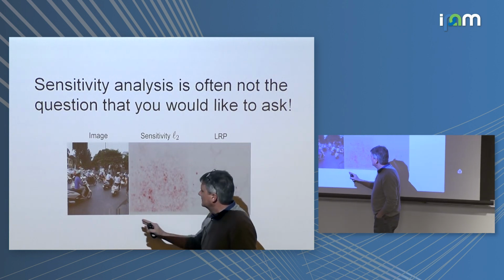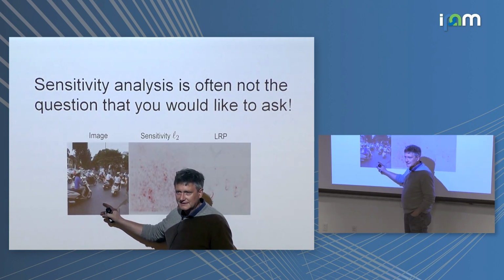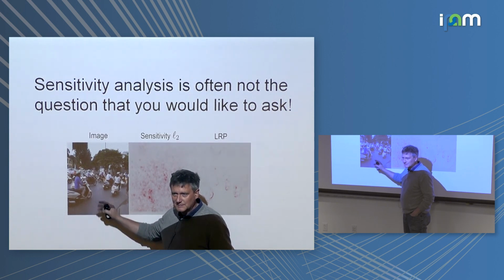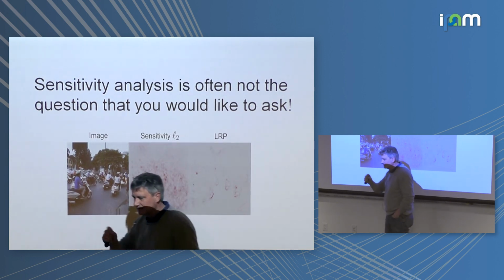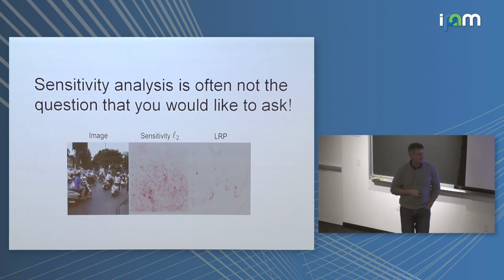So here you will find a lot of activity here. So there's actually no scooter on the road, but of course you can think of changing these pixels until they become a scooter. So because sensitivity asks what makes a pixel more or less of a scooter, right?